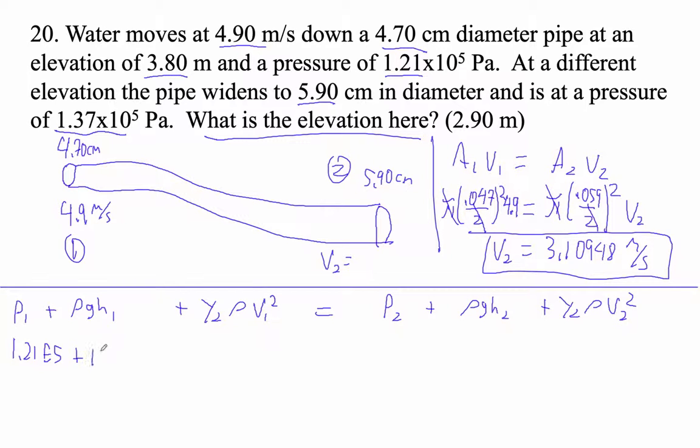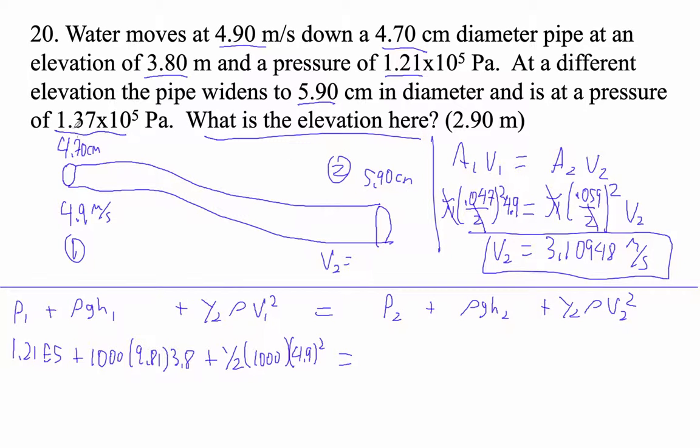We do. Plus 1,000 times 9.81 times 3.8 plus 1/2 times 1,000. What's our velocity? 4.9. All of this is laminar flow. All right. Equals, what is the pressure?